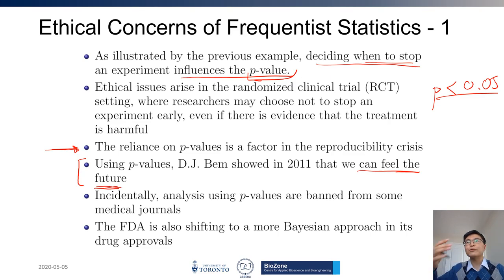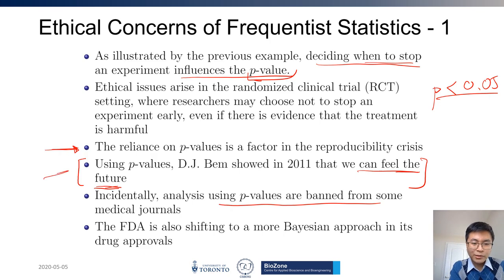So we know what's going to happen 2 days from now, for example. Okay, so that's not conceivable, but they showed it anyway. And that's why analysis using p-values are banned from some medical journals. And the FDA, the Food and Drug Administration, is shifting to a more Bayesian approach in its drug approval process.